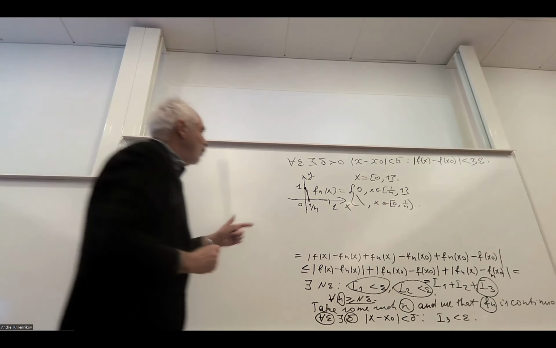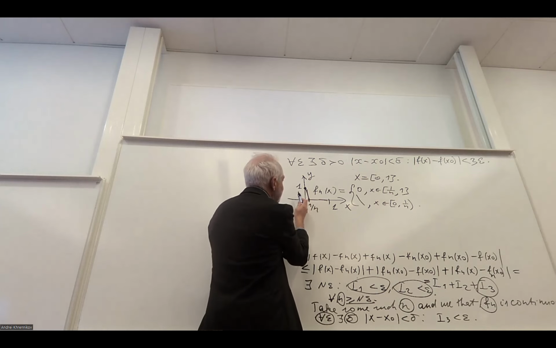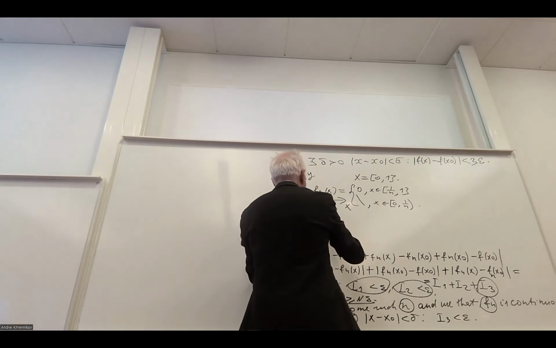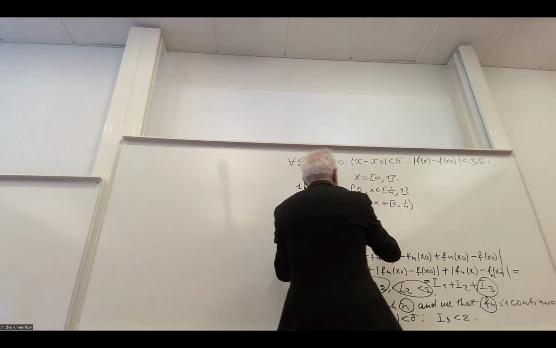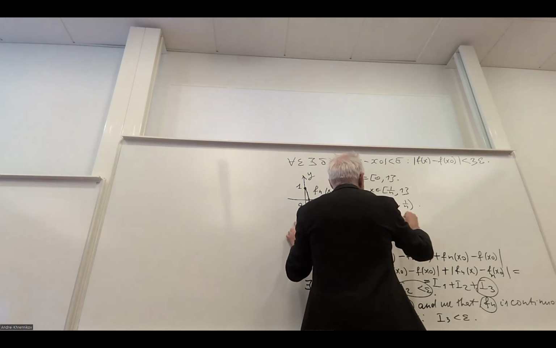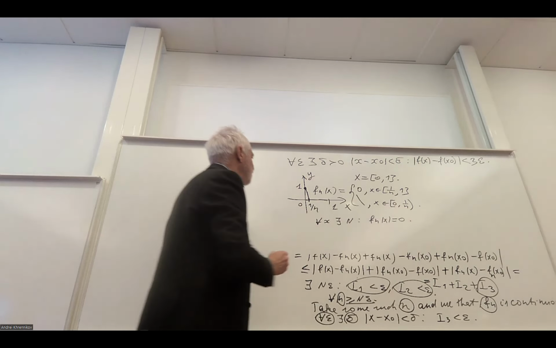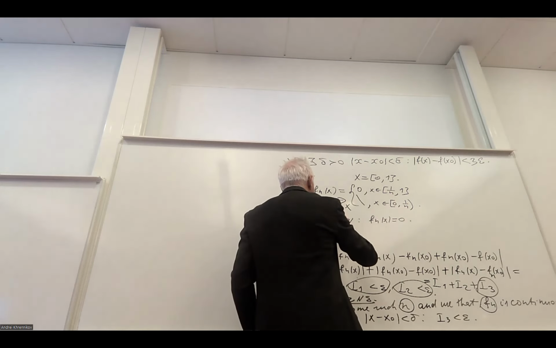And then for any point x, sooner or later this will come and make the function 0 at this point, because this straight line goes to 0. So for any x not equal to 0, there exists such a number that f_n(x) is equal to 0.